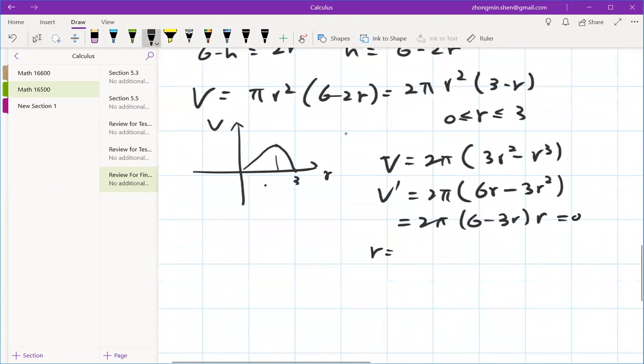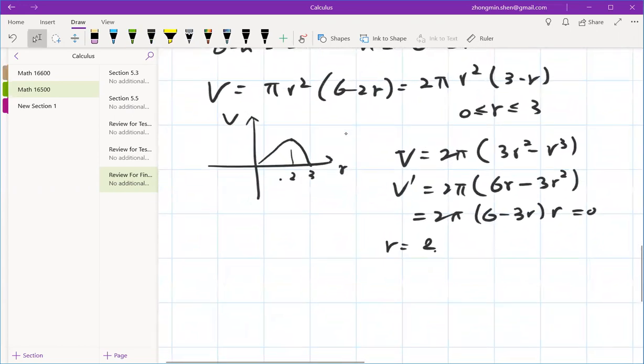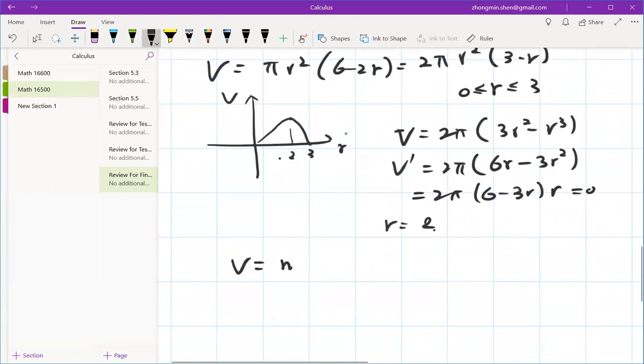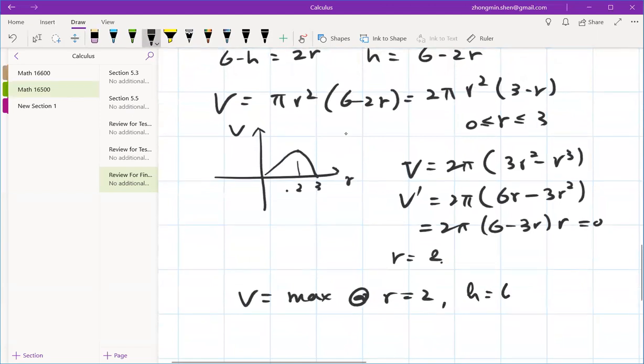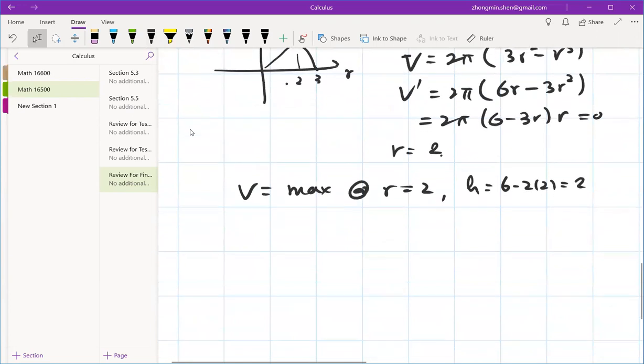So r equals 2. So the volume has an absolute maximum value at r equals 2. When r equals 2, then h is 6 minus 2 times 2, which is also 2. So h and the radius are the same.